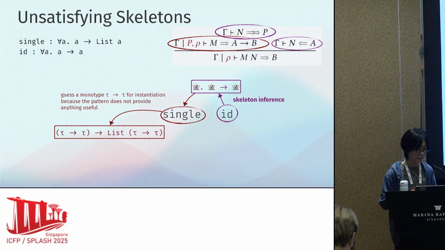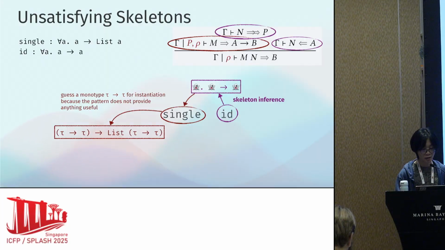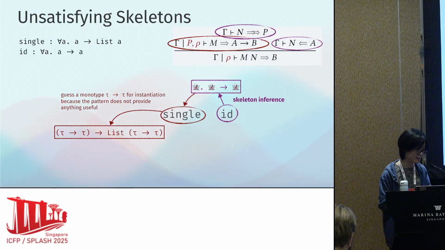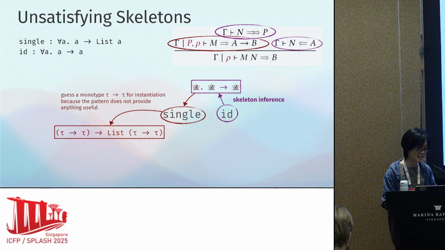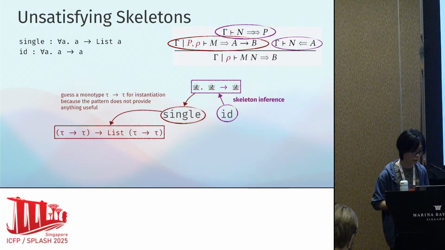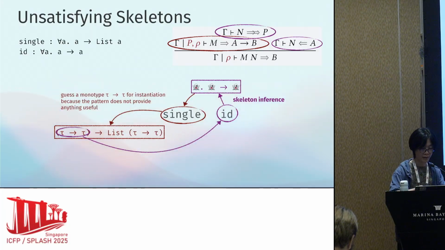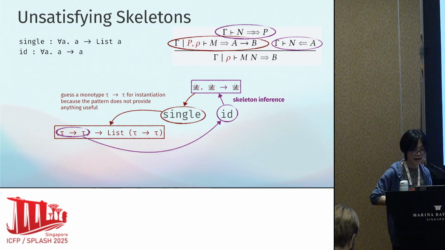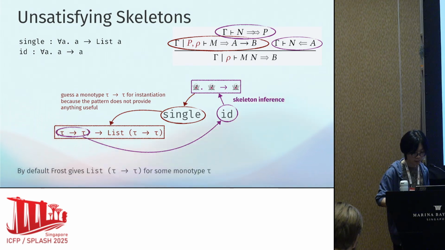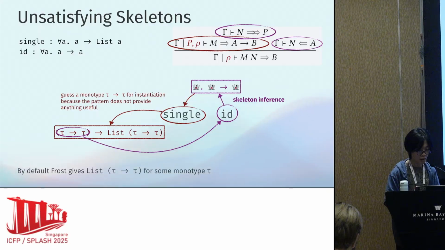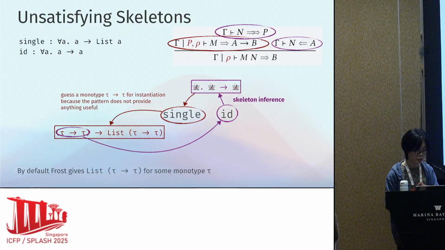In order to make the type inference deterministic, we have to guess a monotype here instead of some arbitrary polytype. So we can only instantiate single with some monotype tau to tau. And then we use tau to tau to type check id. So by default, this gives us a list of tau to tau for some monotype tau for this program.